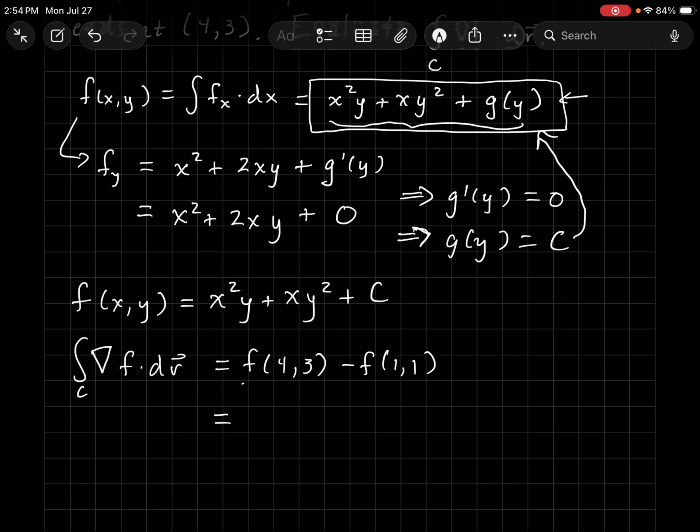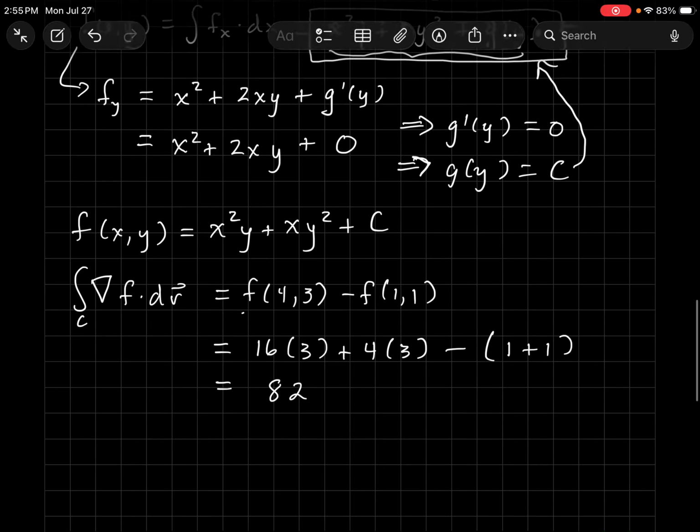Plugging in x equals 4, y equals 3, I get 4² times 3 plus 4 times 3². The constant will subtract off, but we don't need it. And then minus, plug in x equals 1, y equals 1, so we get 1 times 1 plus 1 times 1 again, which is going to give us, if I did this correctly, 82 as an end result.